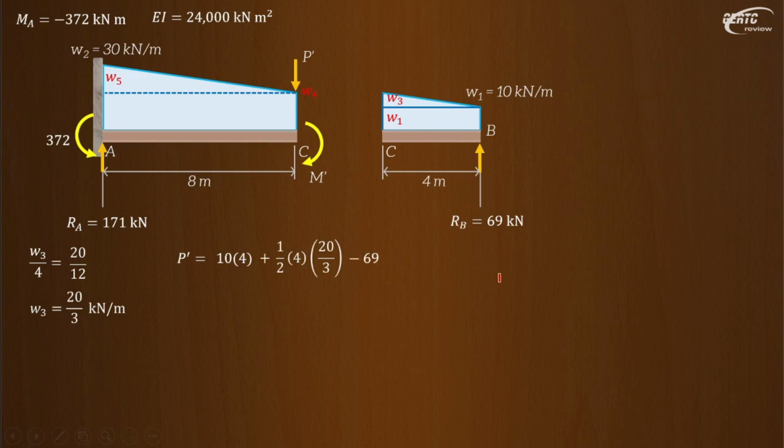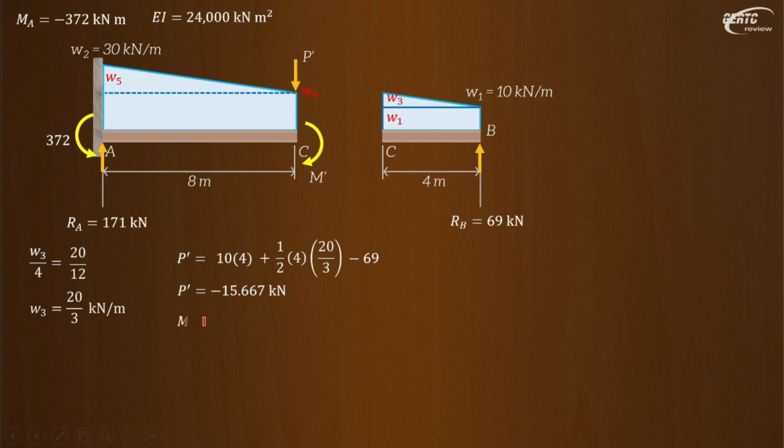As you can see, we have a negative result. Meaning, your P prime is not downward. This should be upward. The 69 is larger than W3 and W1 combined. So this will be upward. Let's change that later on.